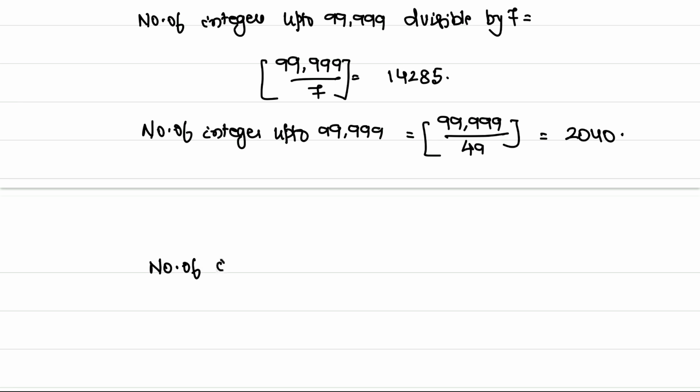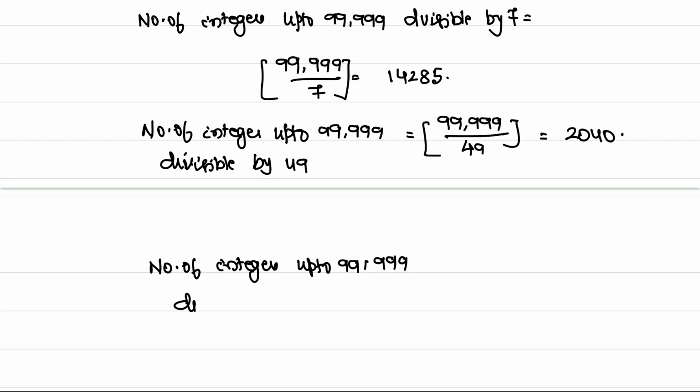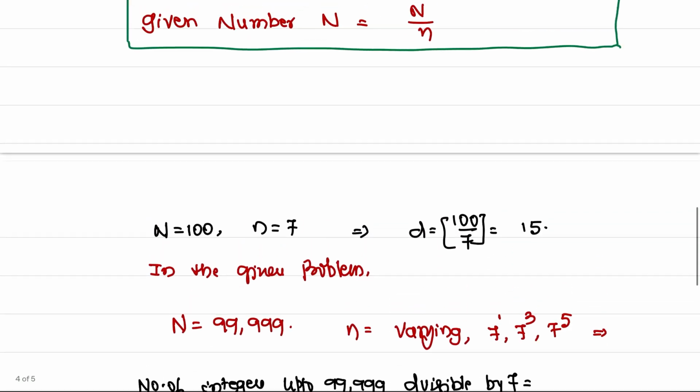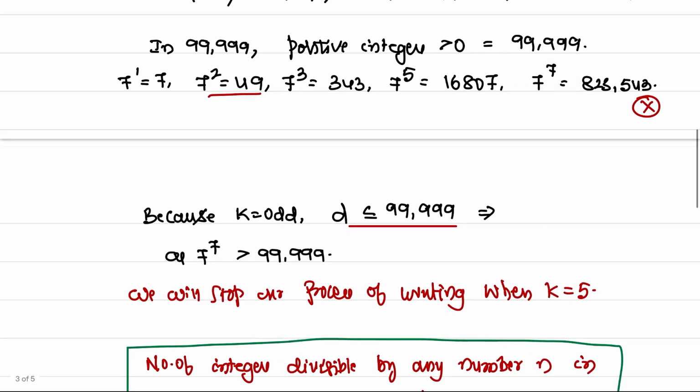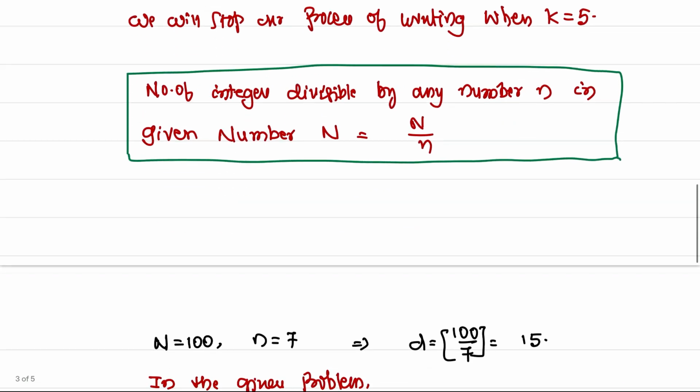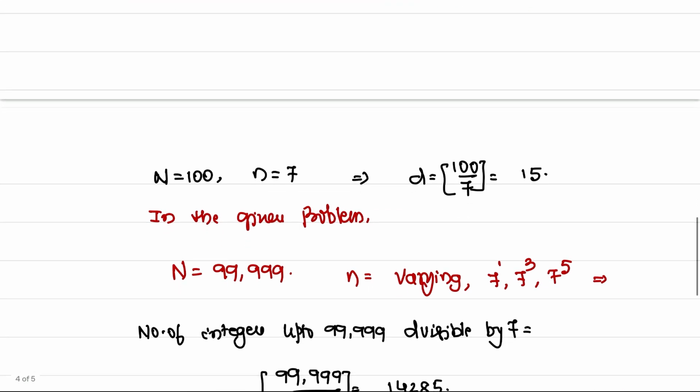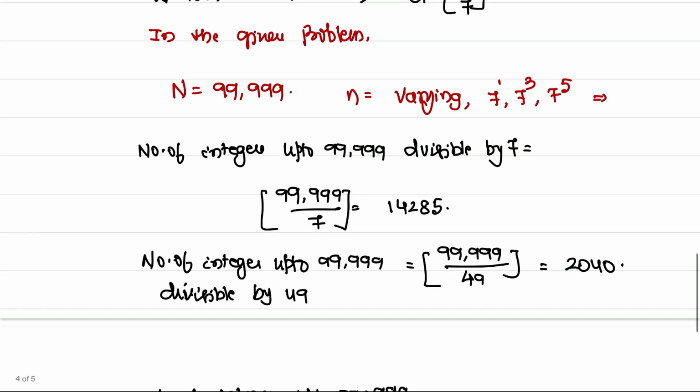Number of integers up to 99,999 divisible by 7 to the power of 1 and divisible by 49 here; the next number is 7 to the power of 3, which is 343. 49, actually, we have calculated.